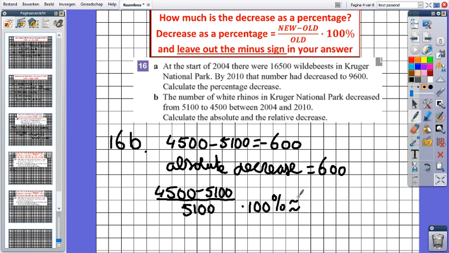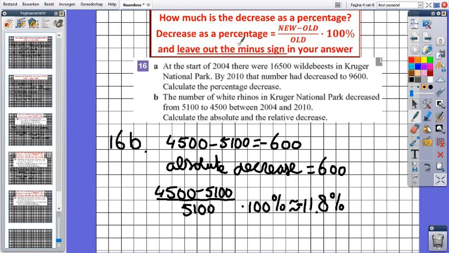Let's calculate 4500 minus 5100 divided by 5100 times 100%, and again round off to one decimal number, and please use a point. 11.8%, and it's going to be negative.